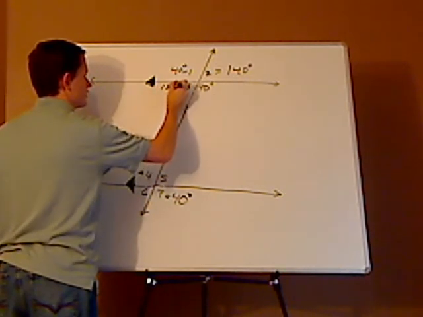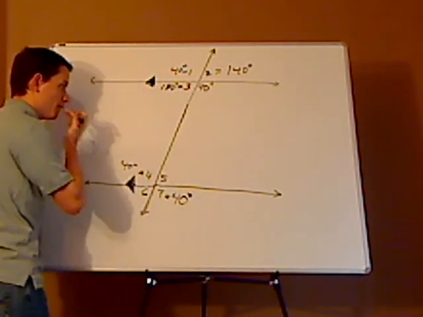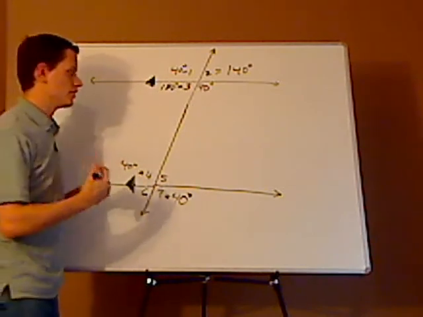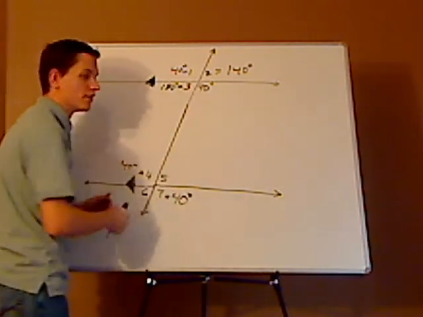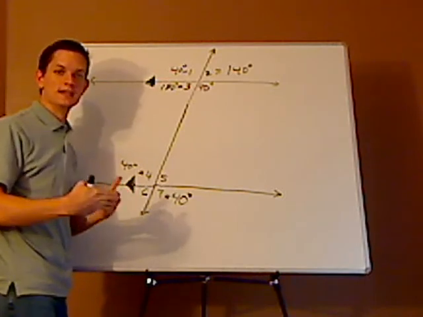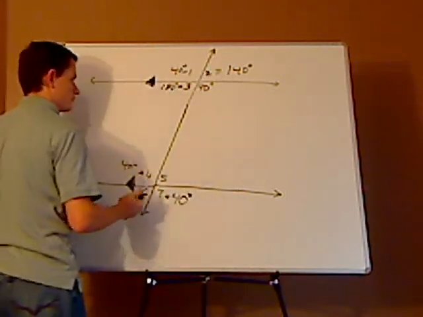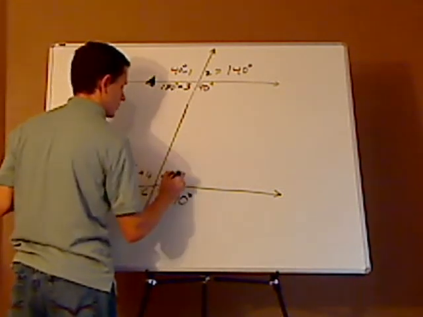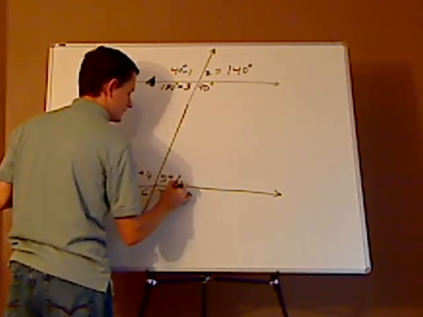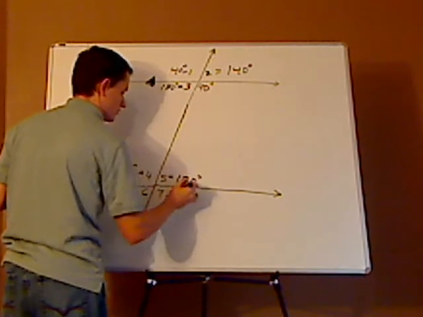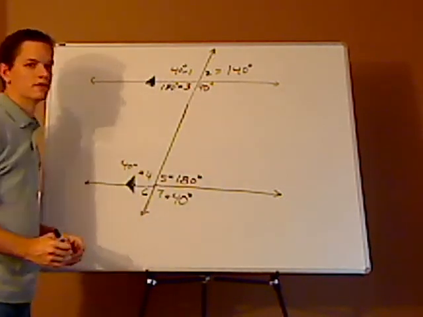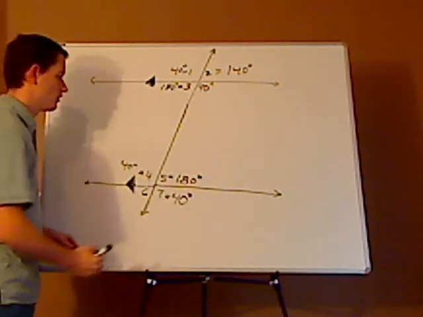Now, same side interior angles, same side means that they're on the same side, right? And interior means that they're inside those two lines, those two parallel lines cut by the transversal. And same side interior angles are supplementary, right?